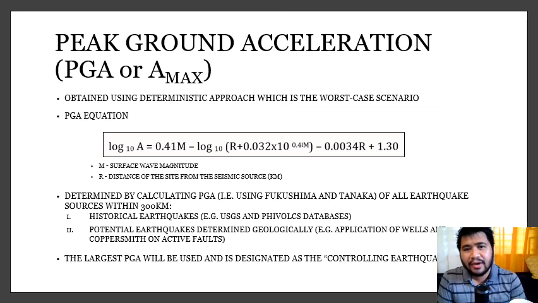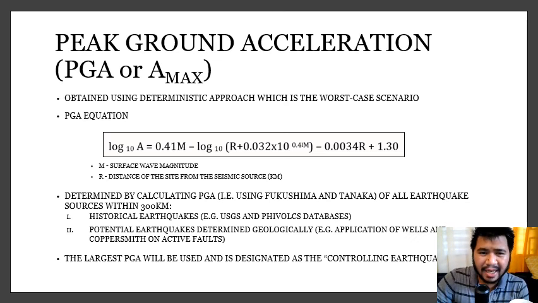Now for peak ground acceleration, we've discussed this previously. Basically, you can use the Fukushima and Tanaka equation and then look for all the potential earthquake sources within 300 kilometers.